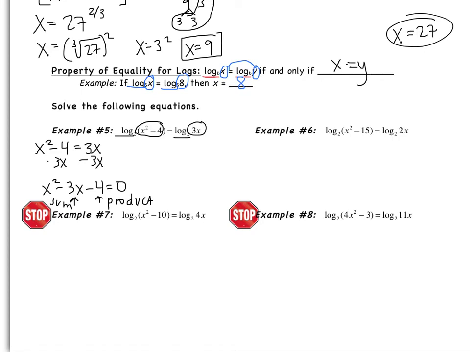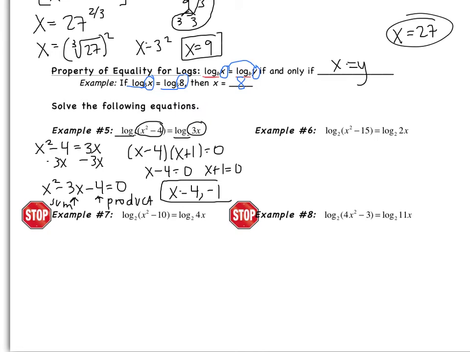So multiply to negative 4, add to be negative 3. Well, that's going to be negative 4 and positive 1. So I have x minus 4, x plus 1 equals 0. Setting both equal to 0, I have x minus 4 equals 0, x plus 1 equals 0. So I end up with x equals 4 and negative 1.